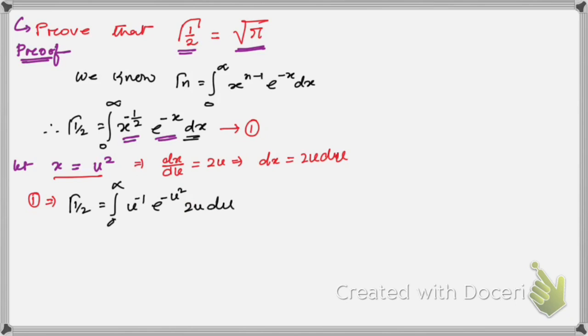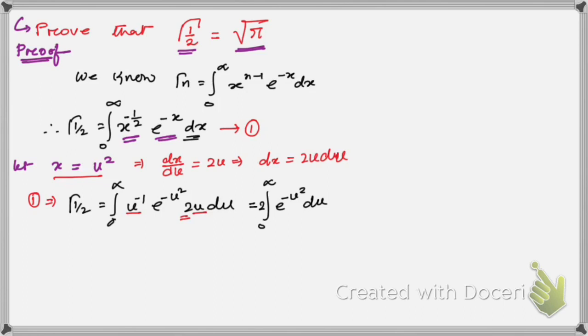That's what we can do, right? So here you see this u and u to the power minus 1 become u to the power 0, that's going to be 1, right? Anything to the power 0 is 1, and this 2 can be written outside of the integral, and then this results in 2 times integration 0 to infinity e to the power minus u square du. That is what we have got, right?